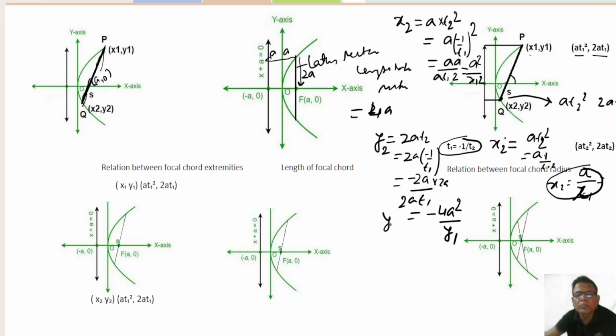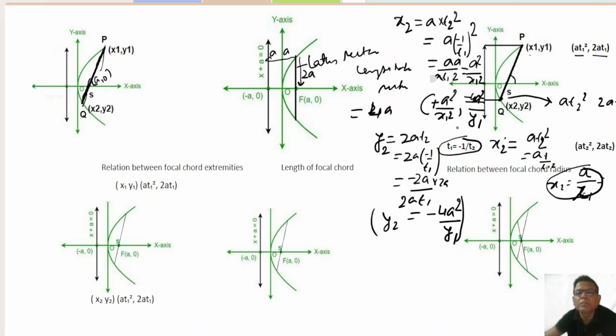So this coordinate is nothing but a square by x1, comma minus 4a square by y1.